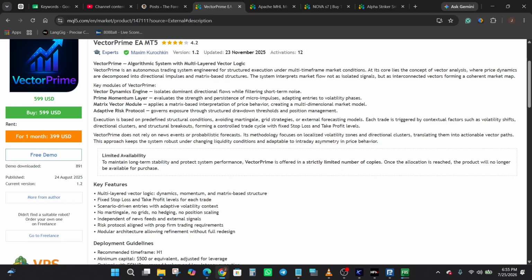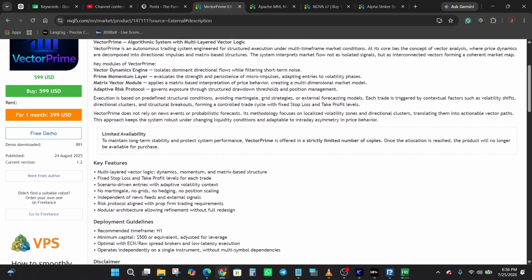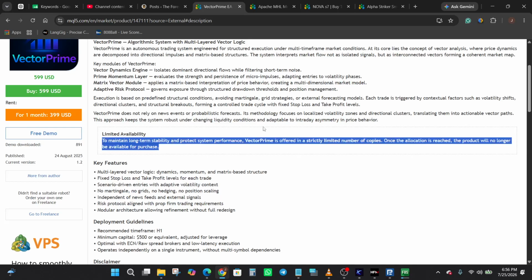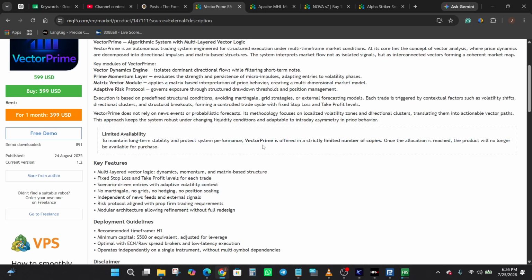It is also described as independent of news events and probabilistic forecasting, focusing instead on localized volatility zones and directional clusters. There is a note on the page about limited availability too. Once the current allocation of copies is sold, the developer says the product won't be available for purchase again.